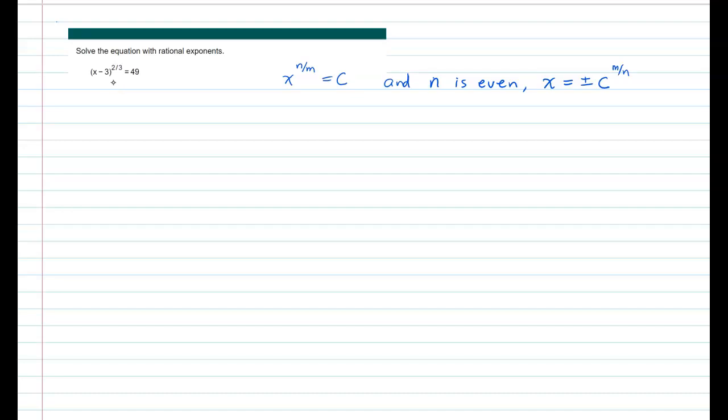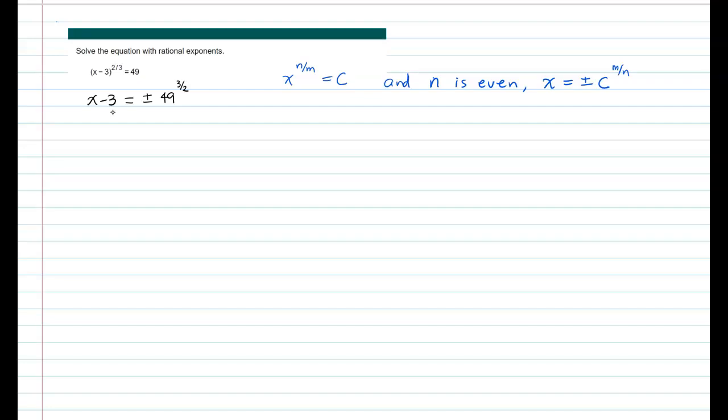So to solve this, we will have x minus 3, that's the base, equal to plus or minus 49 to the 3 halves. Again, we put plus or minus because the numerator here is even. Then you can solve now.